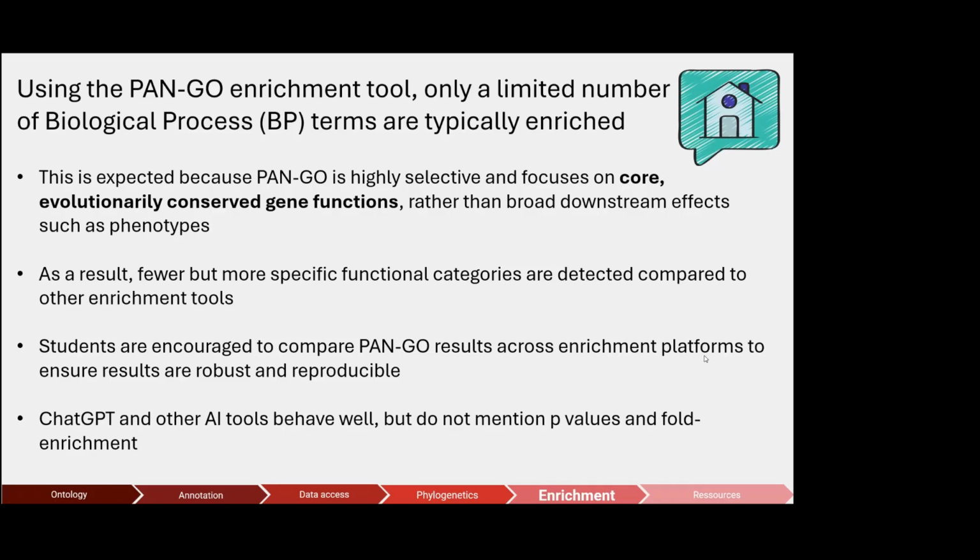But of course, I encourage you to compare PANGO results across enrichment platforms, first to see if it's reproducible, if another platform gives the same, and to see the differences, because you don't have the same results. I will not show you all the other results because it would take more time. The last conclusion is that ChatGPT and AI tools behave well and can give you good information, but they do not mention important details that you need, statistical details, to be scientifically rigorous.